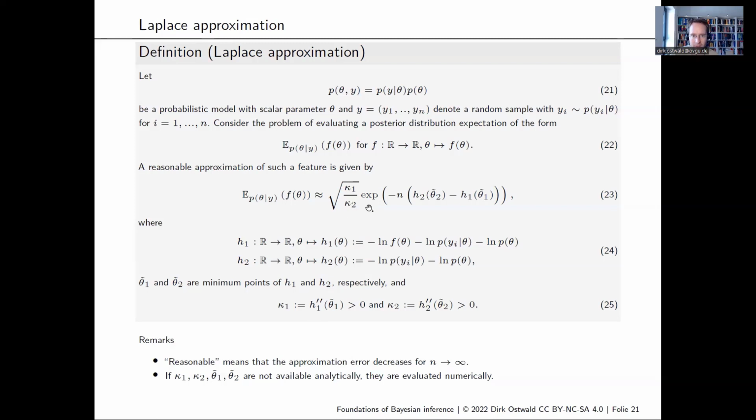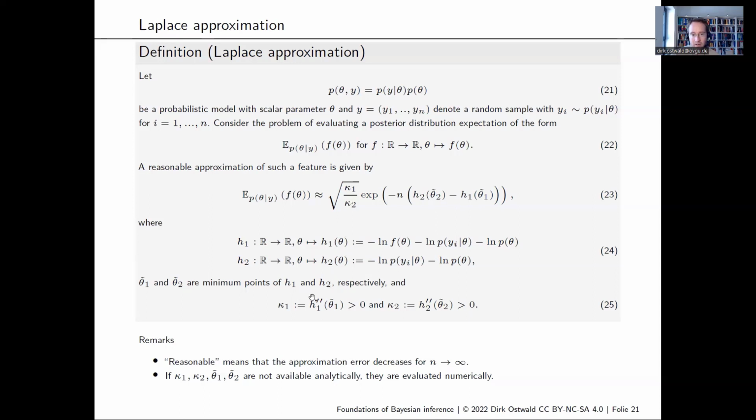Then there are these two kappas here, and also these tilde points. The tilde points are the minima of h1 and h2. They need to be found somehow, maybe by numerical optimization.